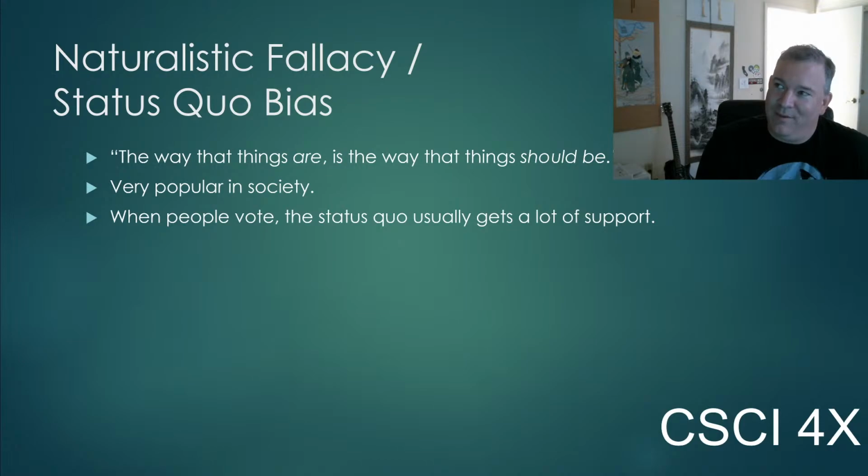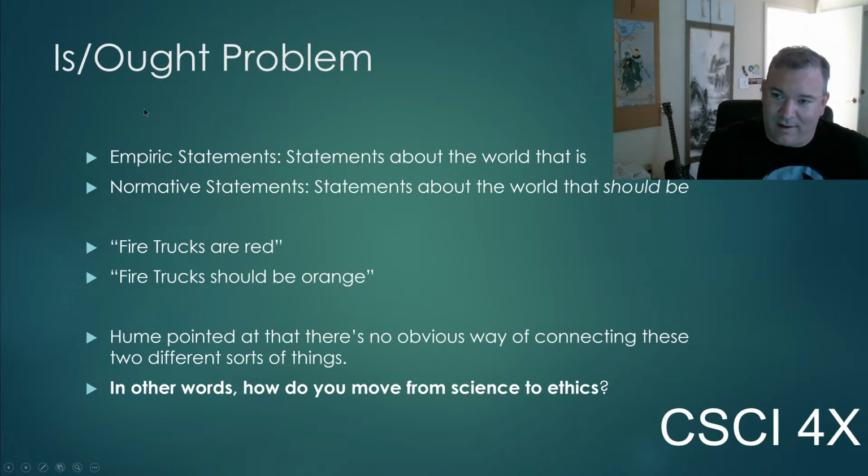Marketing people love it. Politicians love it. It's a very common fallacy, and it's based on confusing is and ought. The way things are is the way things should be. Just because some wasps inject their eggs into a living insect for the young to burrow out from their still writhing bodies doesn't mean we should do it. You know what I mean?